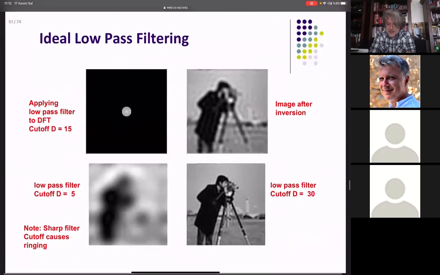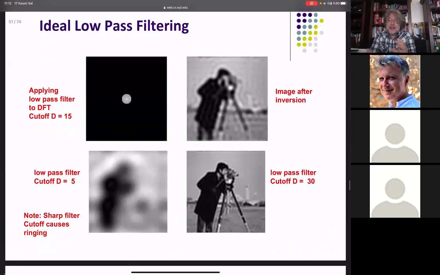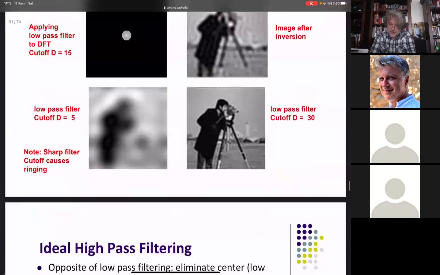If you low pass filter that by masking all the high frequencies and retaining only the low frequency region, this is what you will get after reconstructing, or inverting, the Fourier transform.